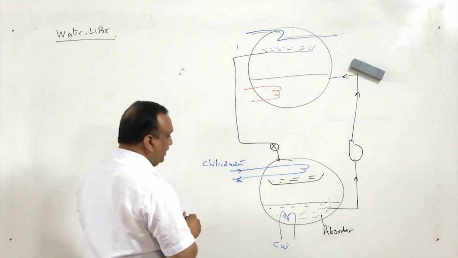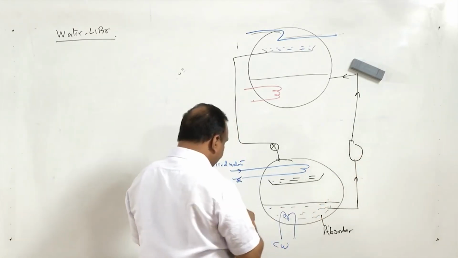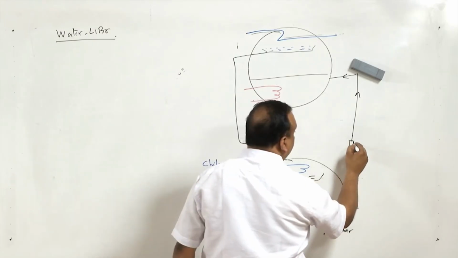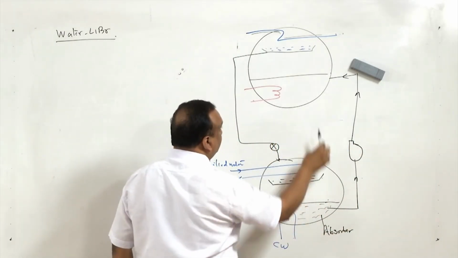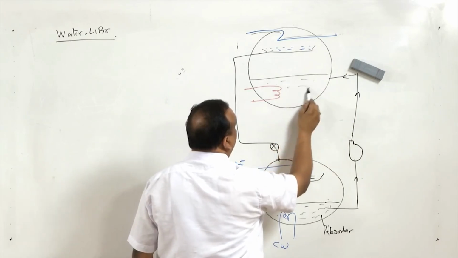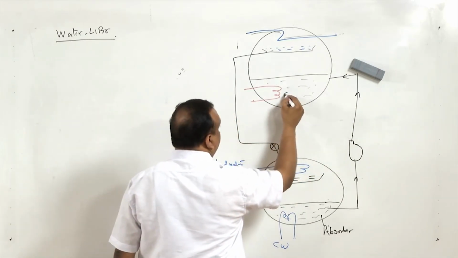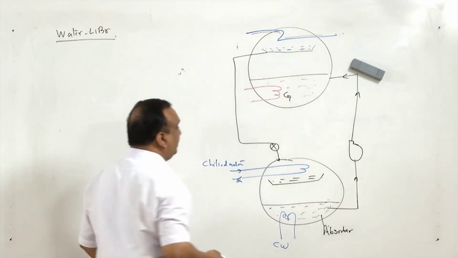After the absorber, a pump is used. The function of the pump is to pump the low pressure liquid to high pressure. This is the rich solution. Rich solution goes to the generator. This is the generator, and in the generator the vapor is generated.